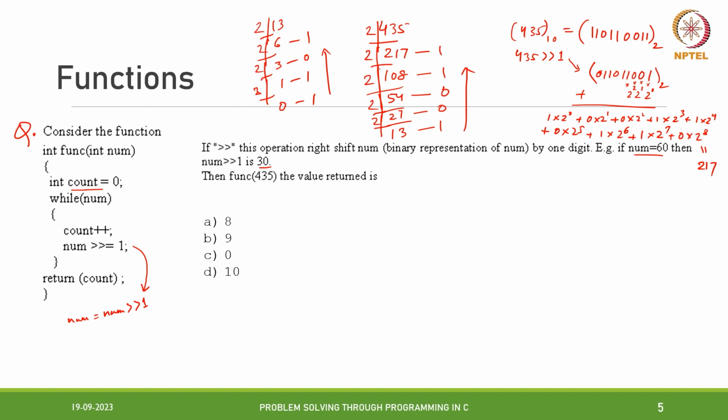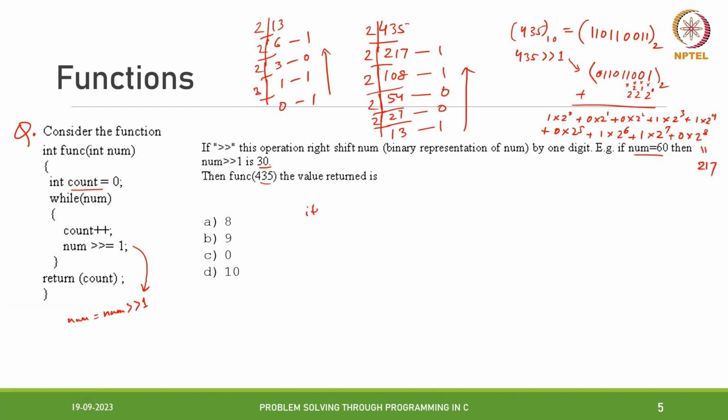So first we call the func function with the value of 435. So first iteration, the count value increases by 1, so it becomes 1, right? Let me write it in a different format, which will be a bit more compact.